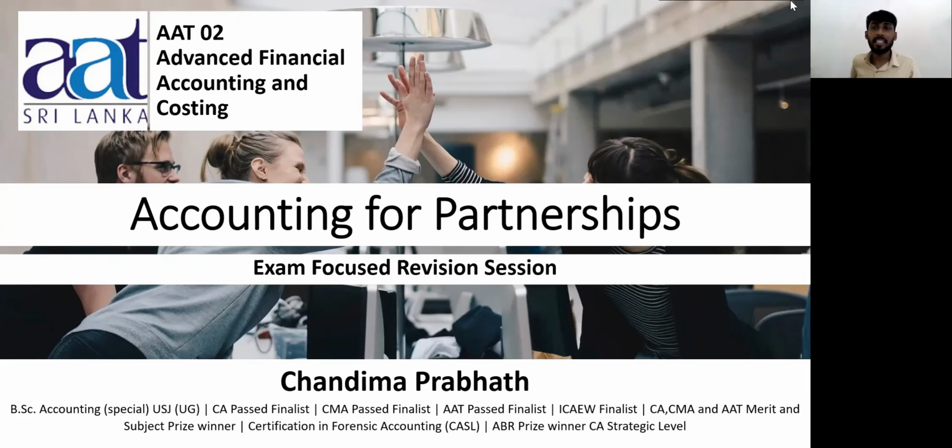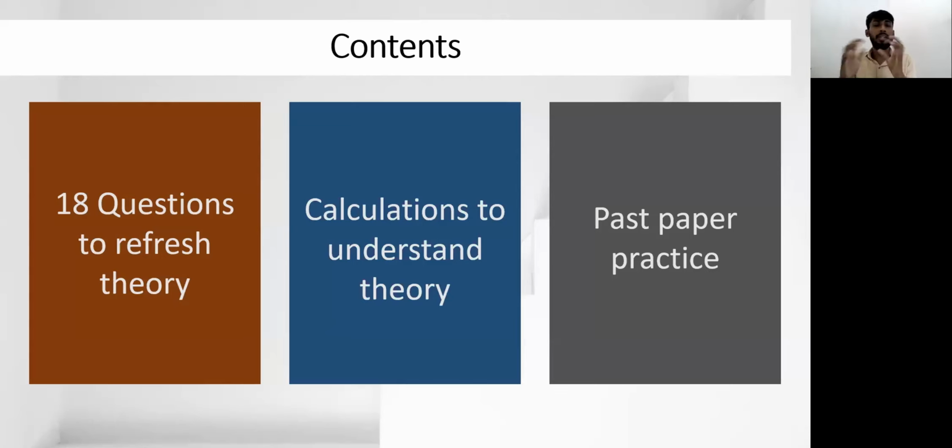As you can see, today, within these 2 to 3 hours, we are going to discuss accounting for partnerships. The session plan is like this. We will have 18 questions to refresh theory.